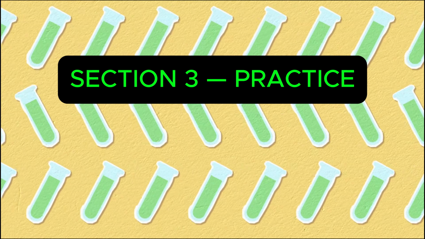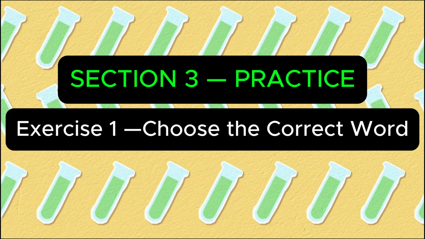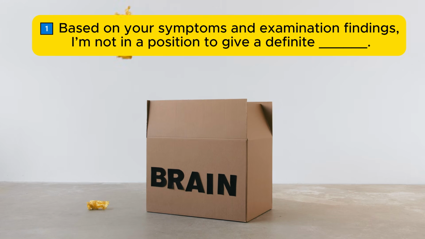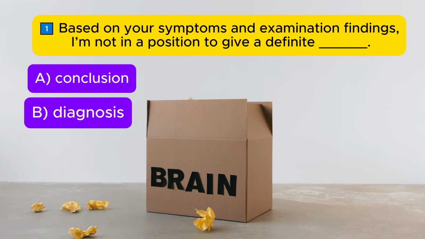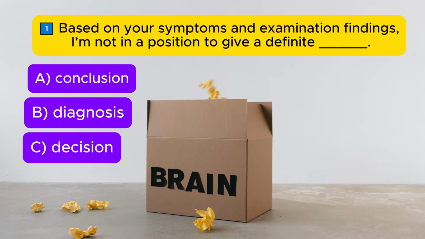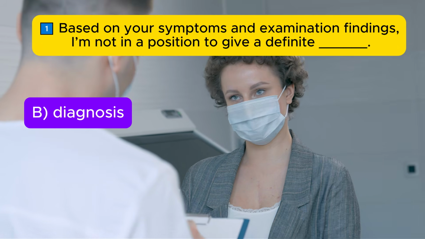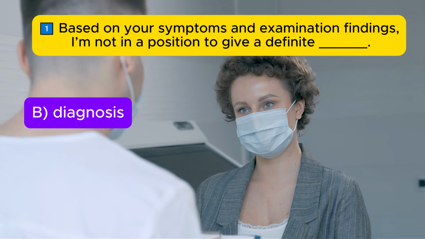Section 3. Practice. Exercise 1. Choose the correct word. 1. Based on your symptoms and examination findings, I'm not in a position to give you a definite A. Conclusion, B. Diagnosis, C. Decision. Correct answer, diagnosis. Repeat, give a definite diagnosis. 2.